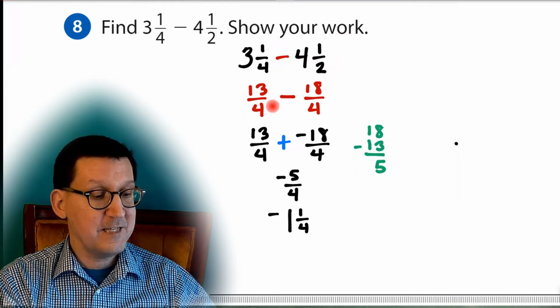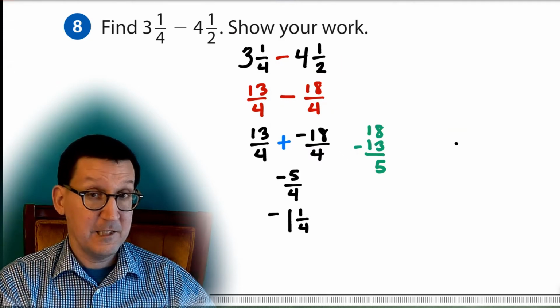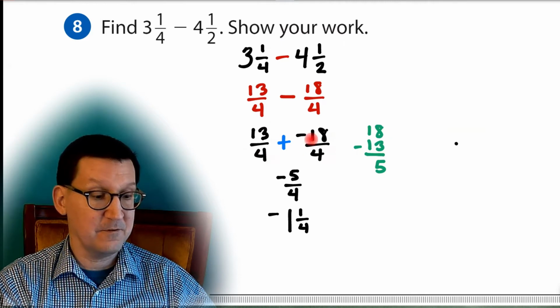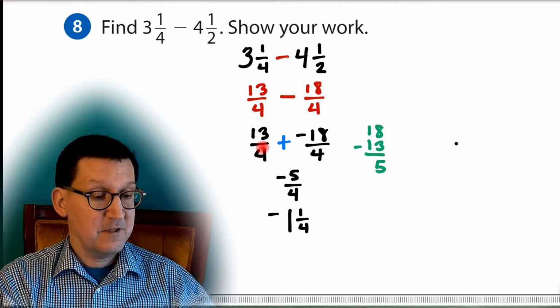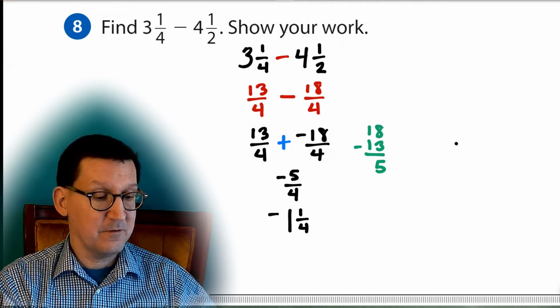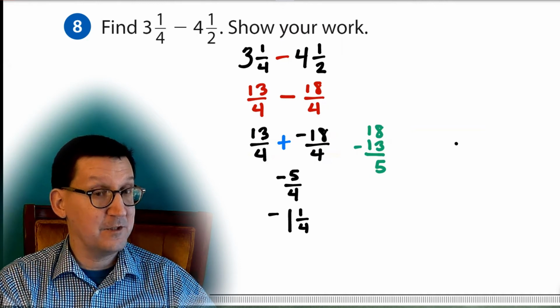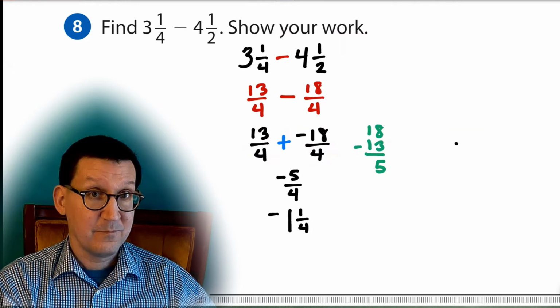So now we have 13/4 minus 18/4. And we can make that into an addition problem by saying 13/4 plus a negative 18/4. All right, now we got 13/4 plus a negative 18/4. We know that when we're adding or subtracting fractions, our denominator doesn't change. So we can just think about that 13 and that negative 18.